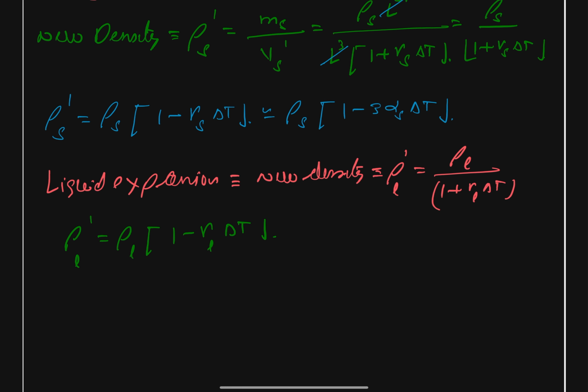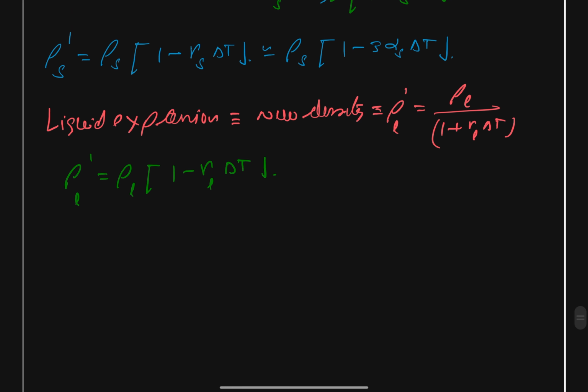Now we can find the new submerged volume. For that, first of all, let's find the new cross-sectional area.